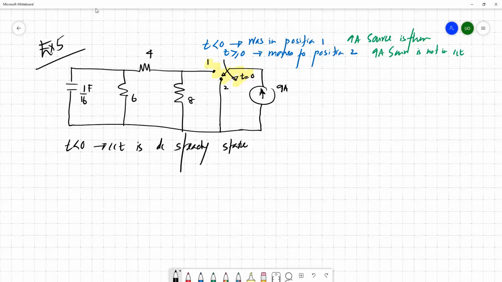Okay. So now let's try to analyze the circuit when t less than 0. I'm referring to the same circuit, so it's easy for me.